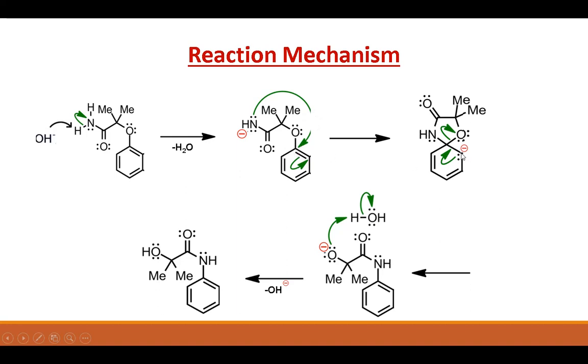Then in step 3, the bond between carbon and ether oxygen breaks, which makes the oxygen negative. In the last step, the negatively charged oxygen atom abstracts a proton from a water molecule to form the product.